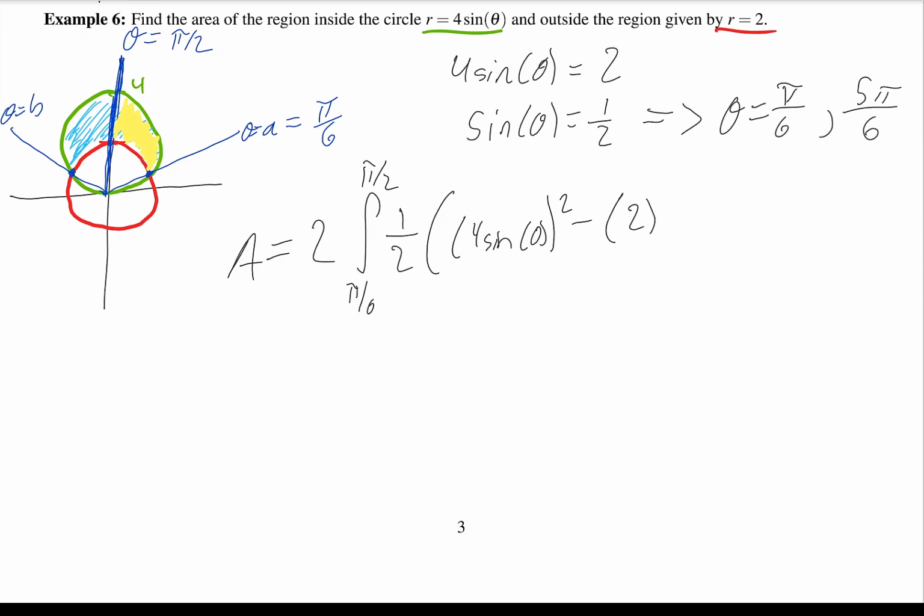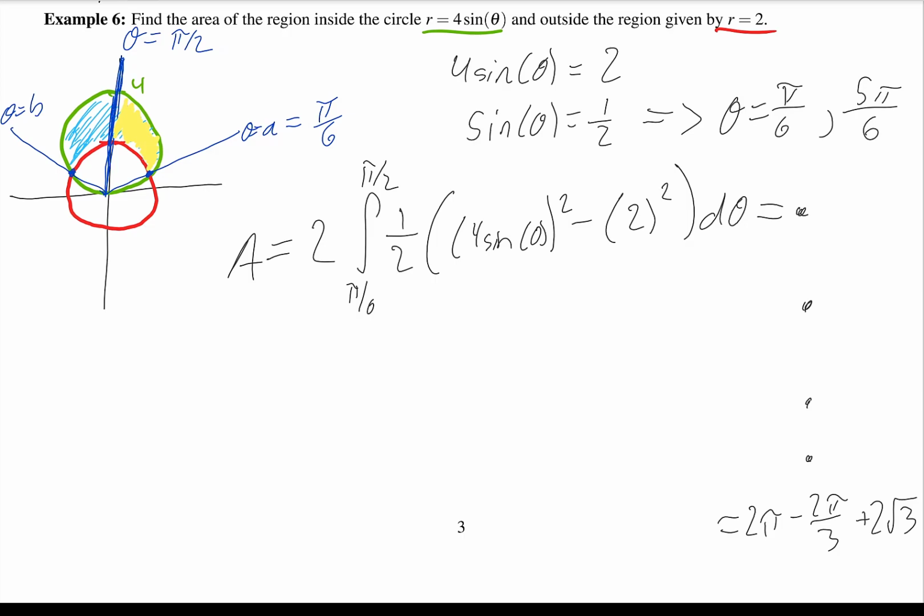So it's going to be 2, and we square that. And then d theta. And once you integrate this out, this should give you 2 pi minus 2 pi over 3 plus 2 root 3.